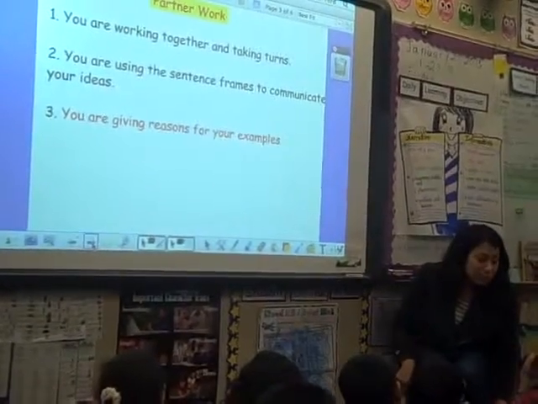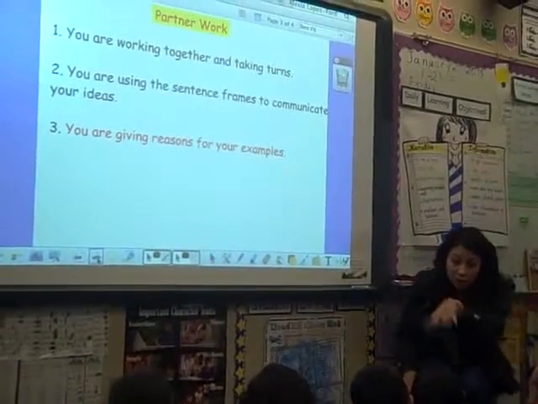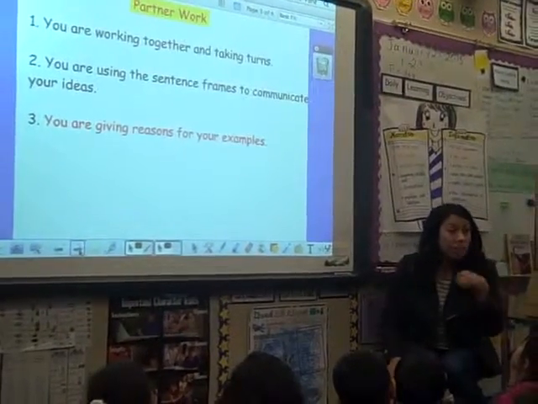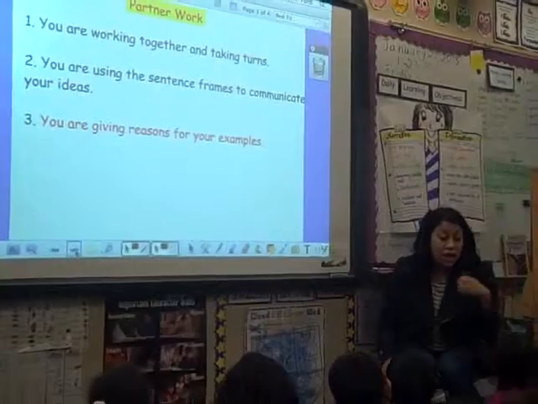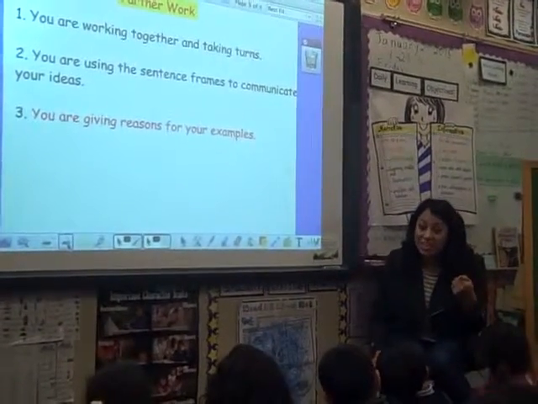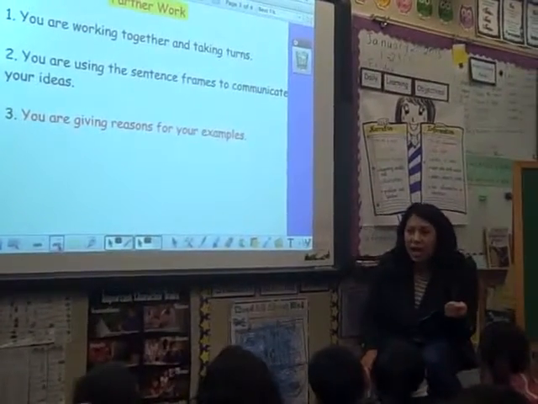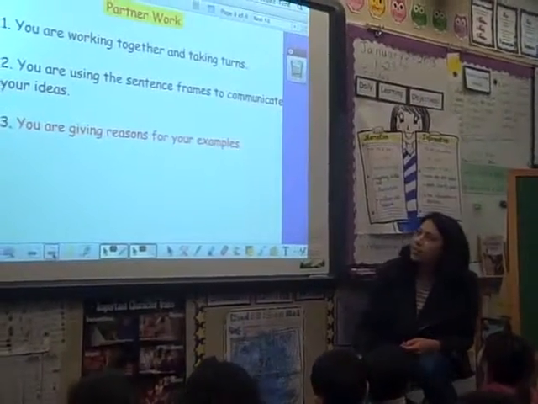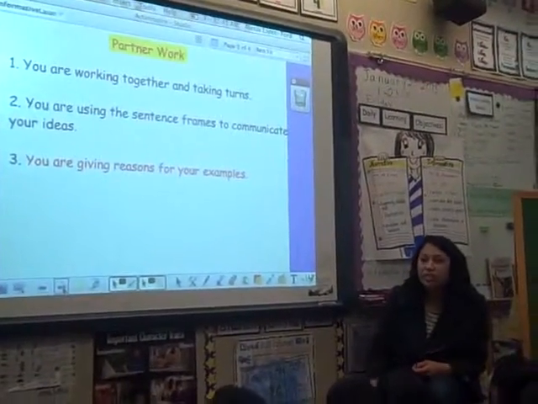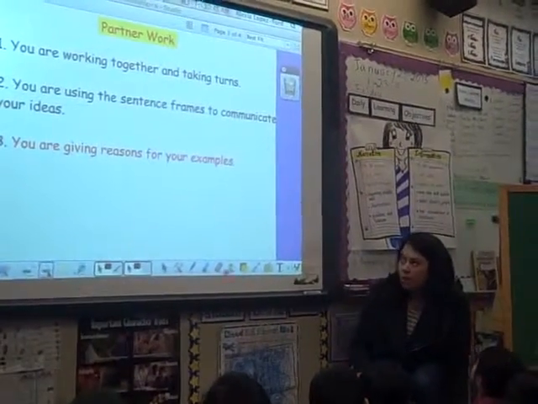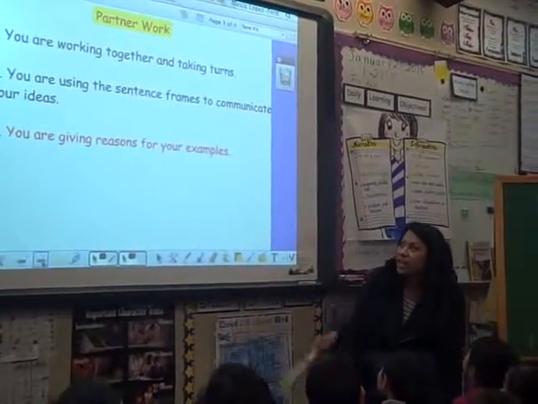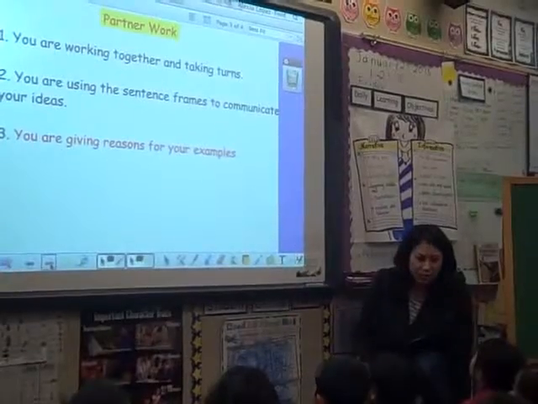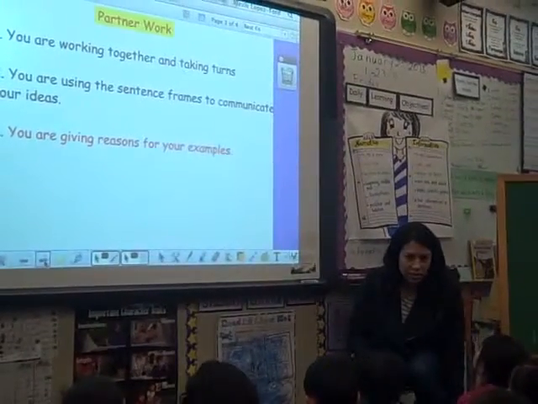So those sentence frames we just practiced, they're not just for when we're down here. You're going to be using those frames to talk to your partner. You're going to say, I think this is blank because blank. And see if you guys agree or disagree. And the last one, this is the most important thing about your partner work, is that you are giving reasons for your examples.